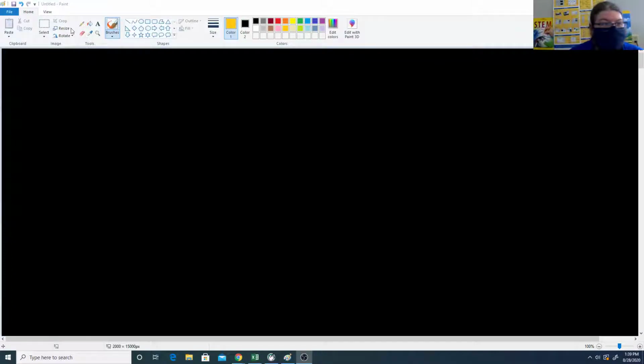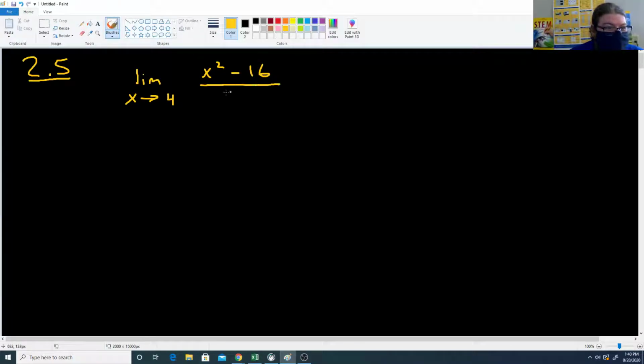Okay, so we're going to start out looking at section 2.5, and we're going to look at what happens if we had the limit as x approaches 4 of x squared minus 16, all that over x minus 4.